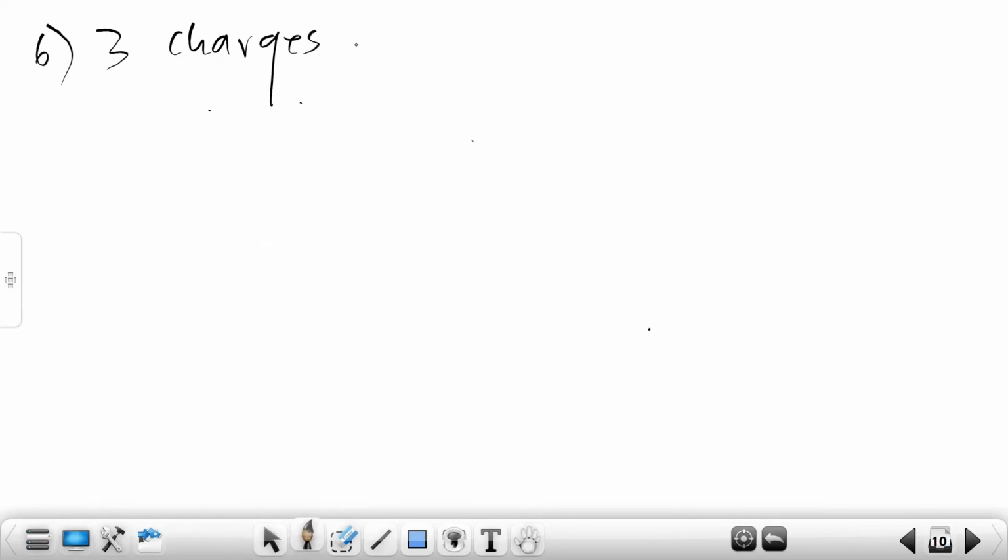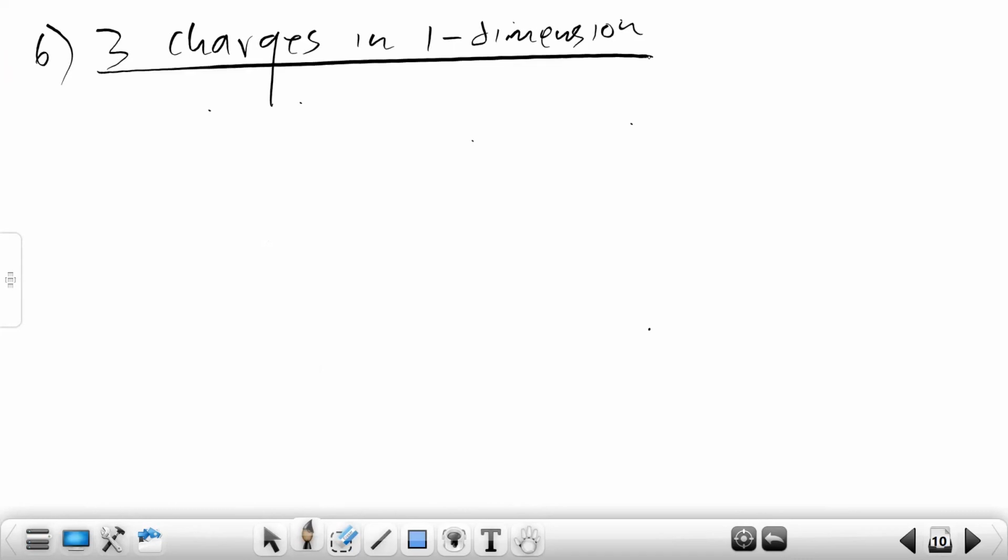Three charges in one dimension. This is very, very key. What it basically says is, you now have your three charges, and these three charges are in one dimension. One dimension means all charges are aligned in the same direction.